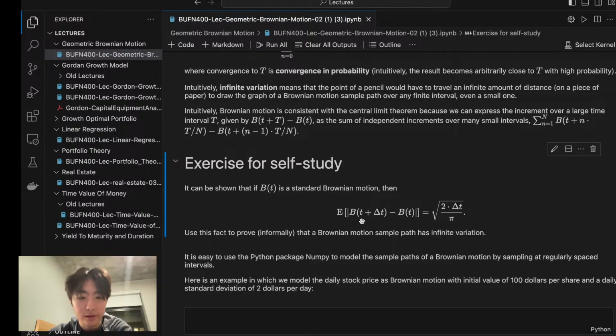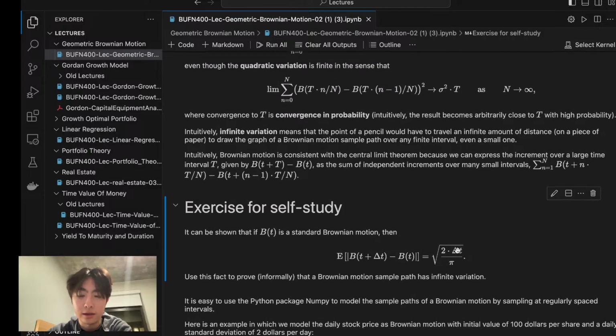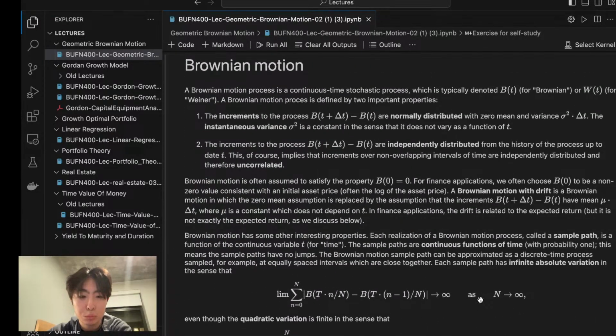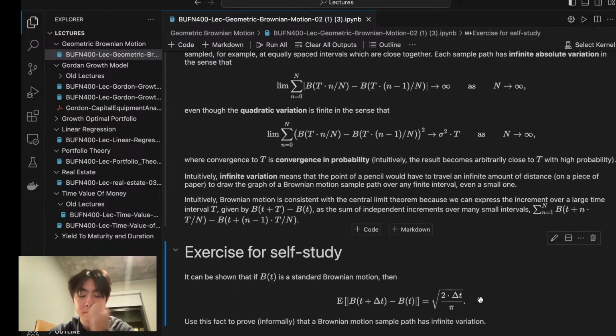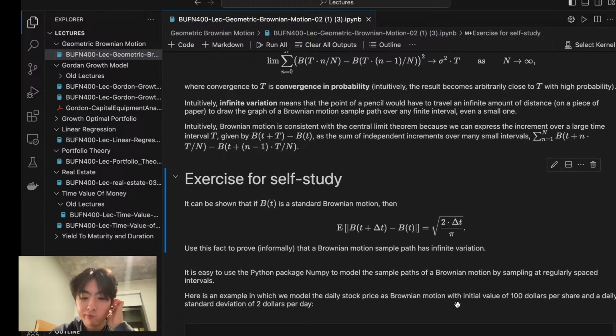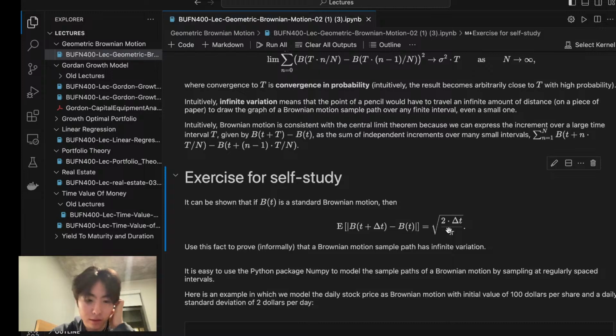So just to be clear, B of t is the output of a standard Brownian motion process, and delta t is the amount of time that has passed, and pi, I think, is going to be the return of an asset that we choose to model. Or it could actually just be the number pi.